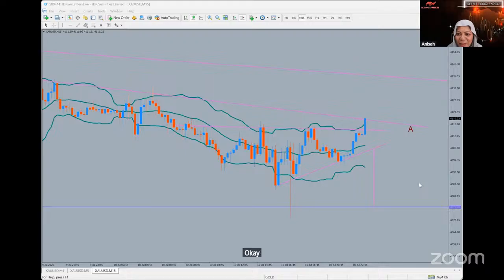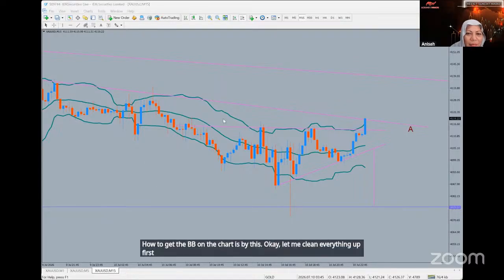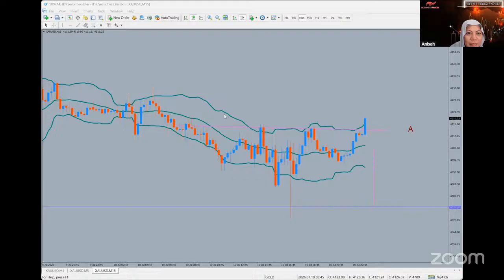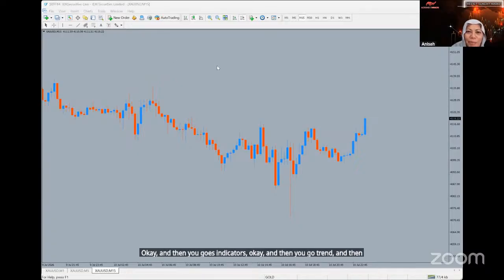Okay, Ray asks how to get the BB on the chart. Let me clean everything up first. So on the top row menu, you go to Insert, and then Indicators, then Trend, and then you select Bollinger Band.